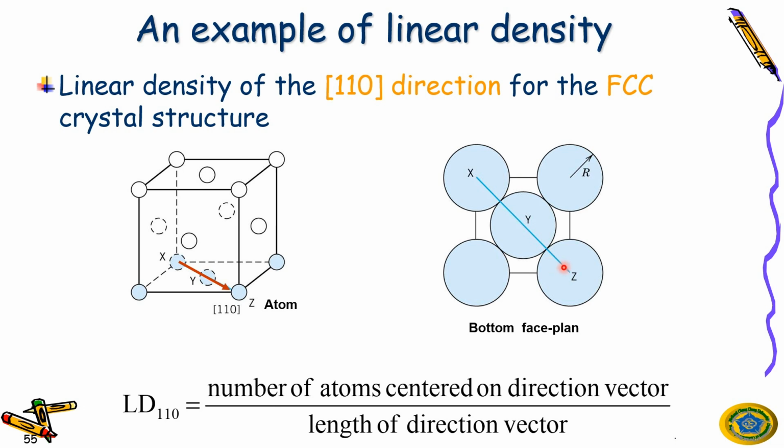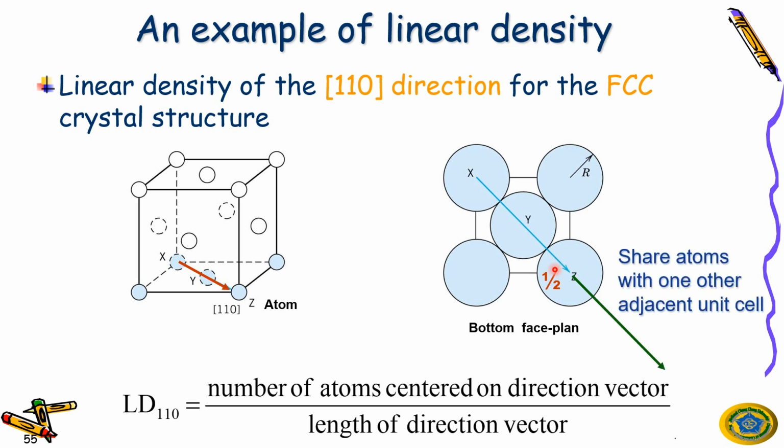You have to regard this as only half of the sphere. This vector shares another half, so it shares atoms with the adjacent unit cell. This is another unit cell here, right? Okay, so this is half, and this is 1. This is half. So how many atoms? 2.